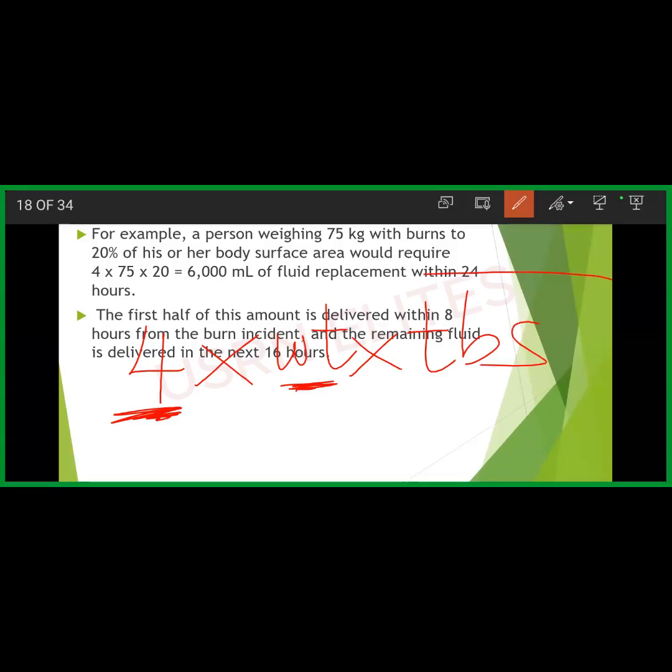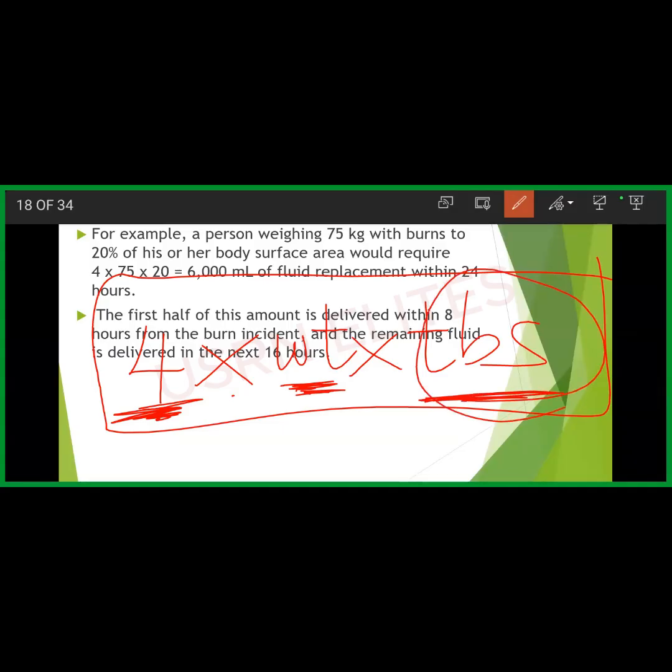So it is 4 times the patient's weight in kilograms, times the total burn surface area. So you should still know your what? What is this telling you? Who can tell us? Rule of what? Rule of 9.